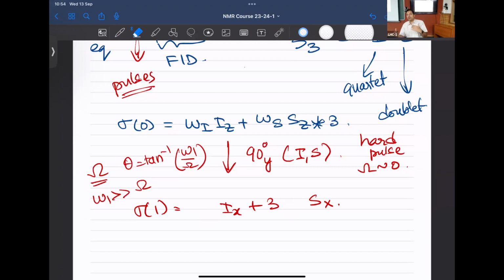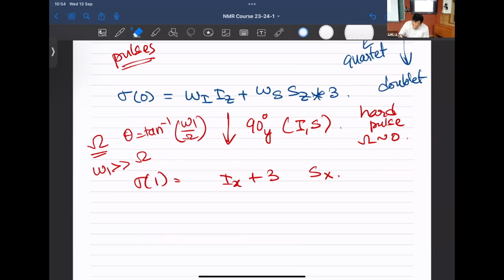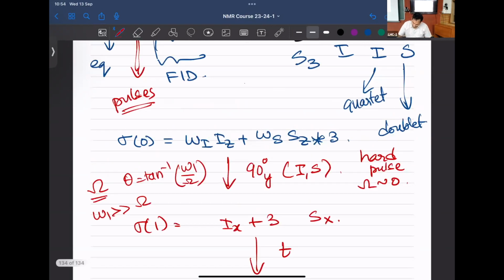The chemical shift difference is not going to change their populations as much. It just goes with the gyromagnetic ratio. For a carbon and a proton, this would make sense, but for a proton and a proton, that's a multiplication factor. We can keep it out. So the next step that is going to happen is signal acquisition during time t. Now the question that comes up: you had the pulse.